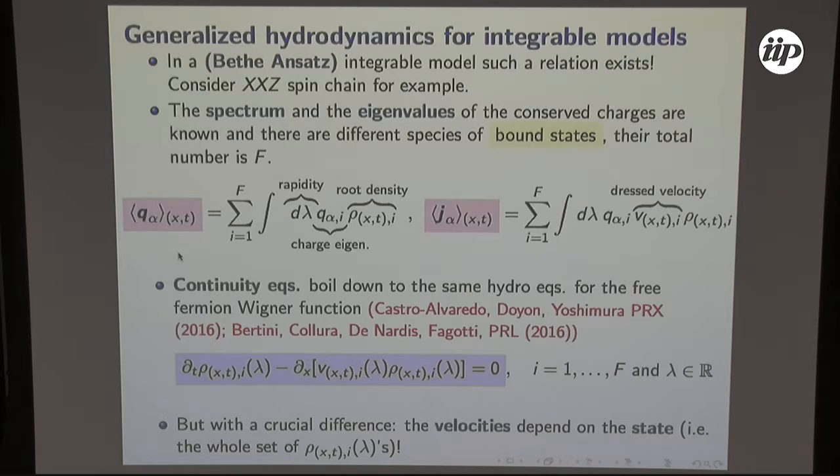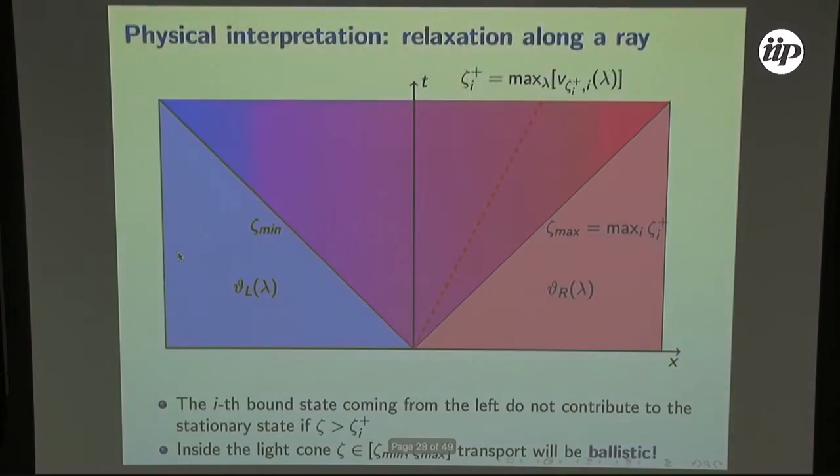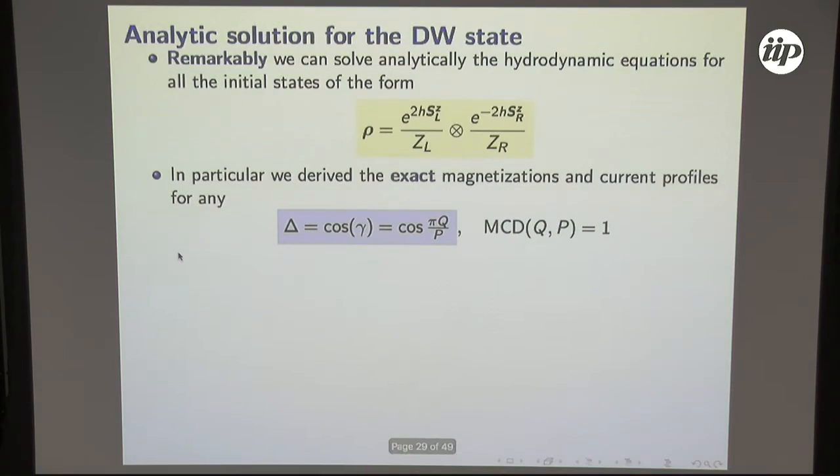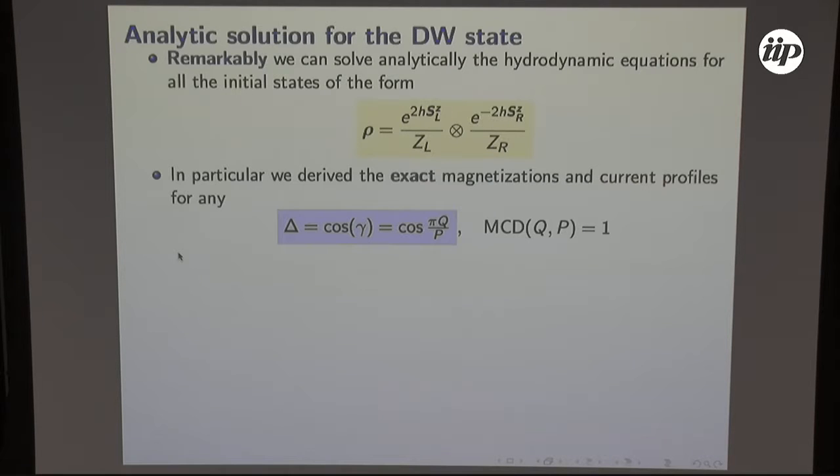But there is something happening here, and this is the interpretation. I will not discuss it much, but something particular is happening that has to do with the initial state. This domain wall initial state, in which you have all spins up on one side and down on the other side, is so special.